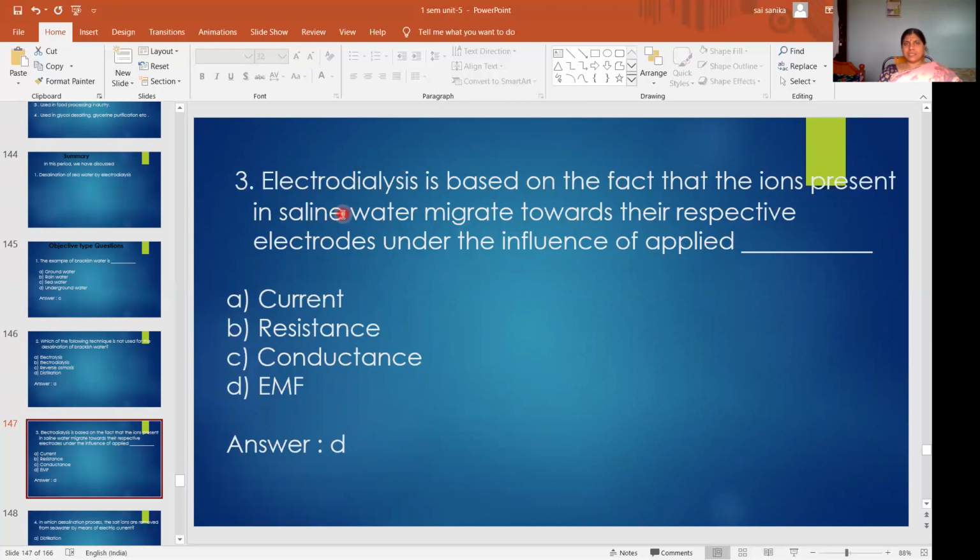Ions present in the seawater move to the respective electrodes. Under the influence of what? The options are current, resistance, conductance, or EMF.